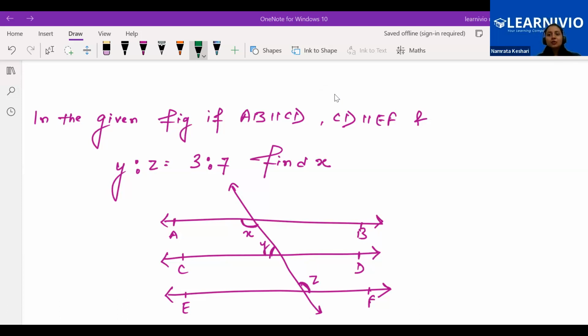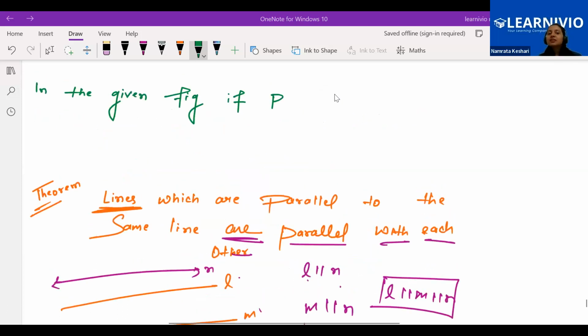One theorem we have discussed, that is, lines which are parallel to the same line are parallel with each other. I was giving an example.